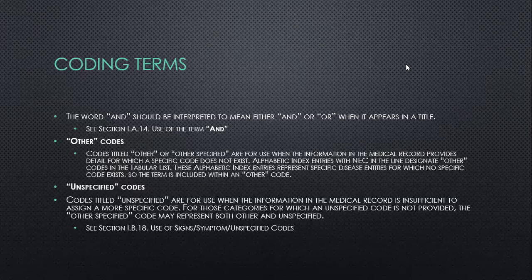Like I stated, in the alphabetic index, entries with the letters NEC in the line designate "other" codes in the tabular list. These alphabetic index entries represent specific disease entries for which no specific code exists. Therefore, you have to use the "other" code.